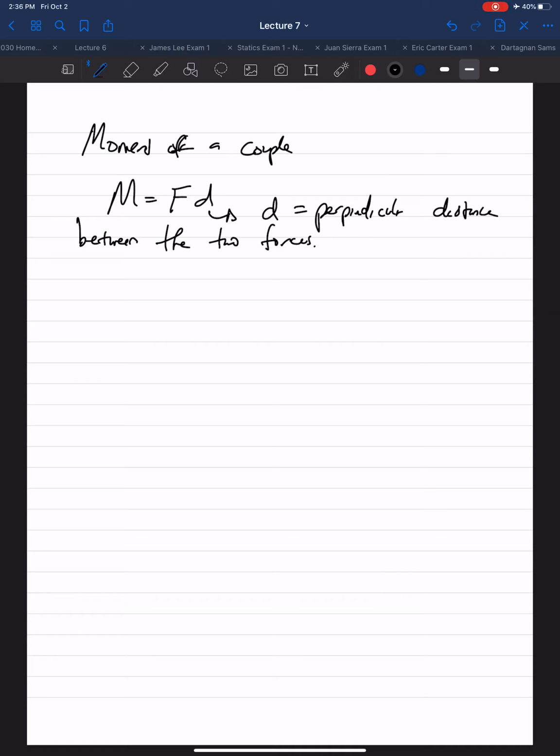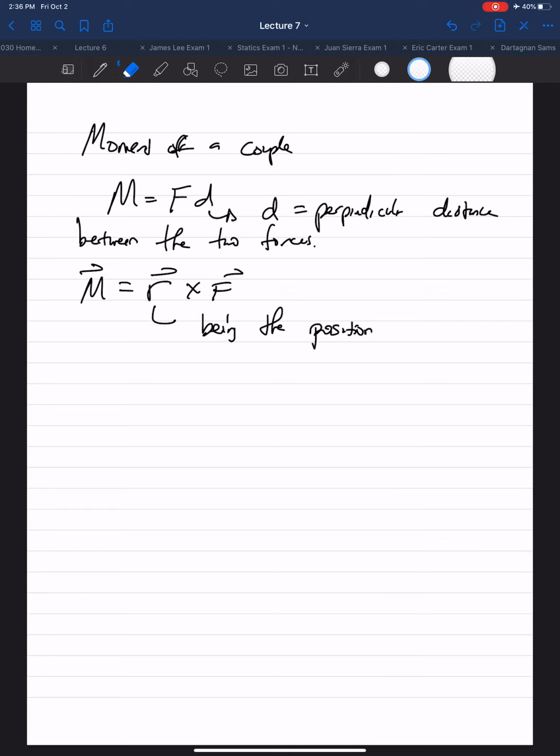In vector form, it's r cross F, with r being the position vector, so not plural, singular, the position vector between the forces.